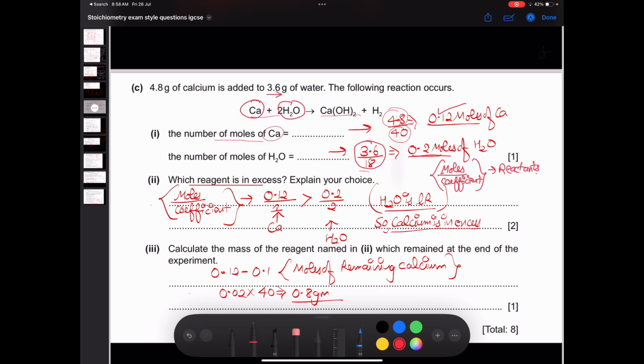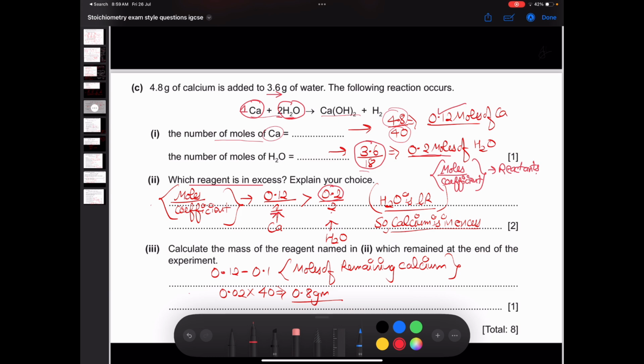Calcium moles are how much? 0.12. So 0.12 by the coefficient. Coefficient of calcium is 1 here. Alright. H2O, the moles are 0.2, and what is the coefficient? 2. So do 0.2 by 2. Now, this clearly tells us that calcium is larger. So calcium is the excess reagent and H2O is the limiting reagent.